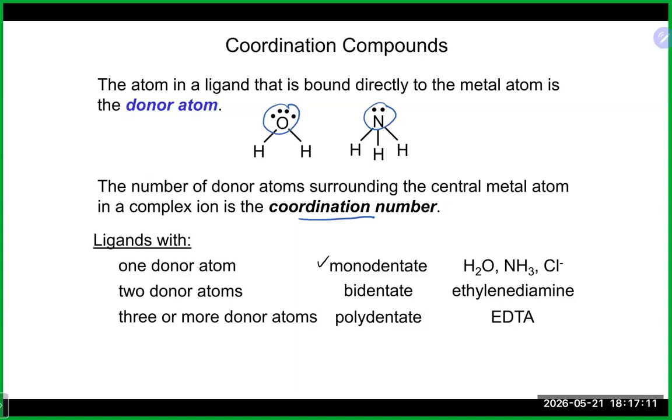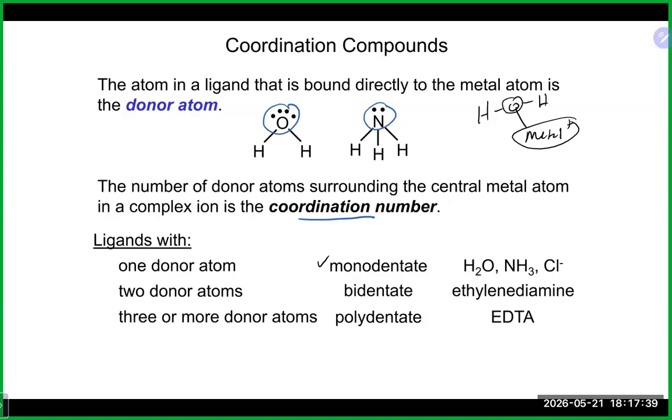In a monodentate ligand, the molecule will only attach through one atom. Something like water, when it attaches to a positively charged metal, will only attach through the oxygen, so you get a 1-for-1 relationship between coordination number and ligands.